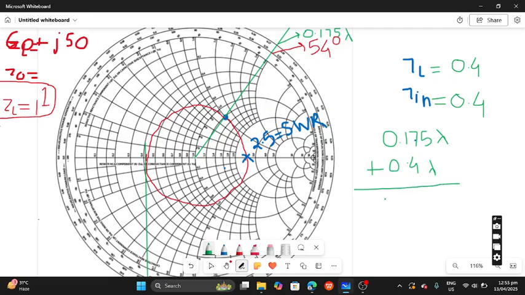So on this scale I will get 0.575 lambda. As you can see, on the whole Smith chart, one round trip from this point to this end is approximately equal to 0.5 lambda, that is lambda by 2.